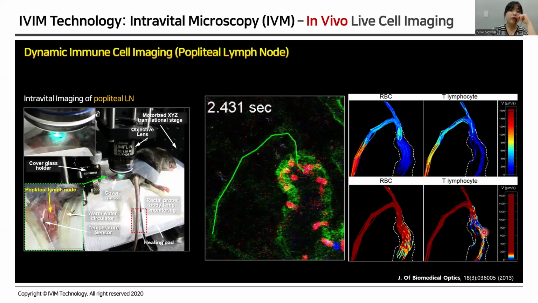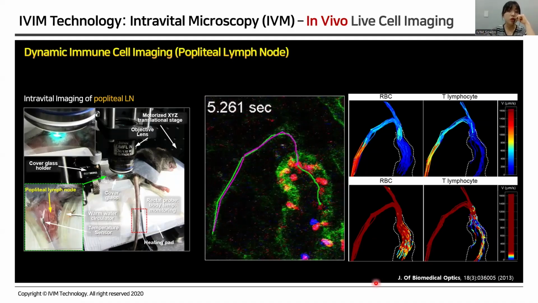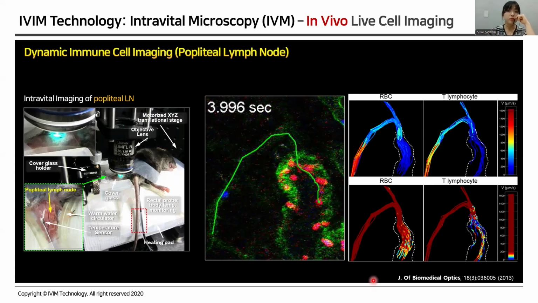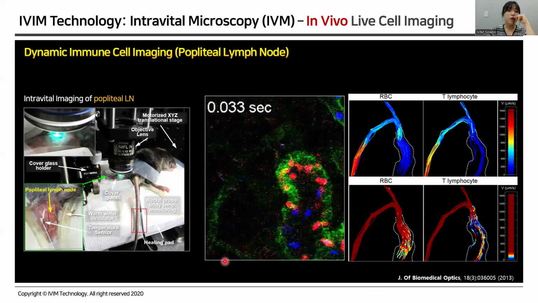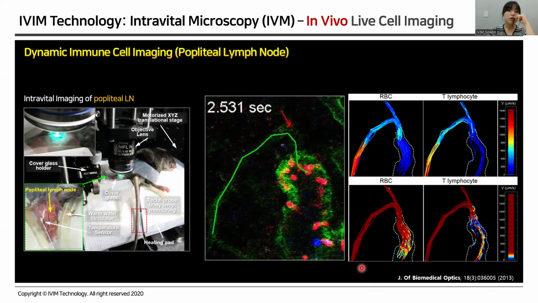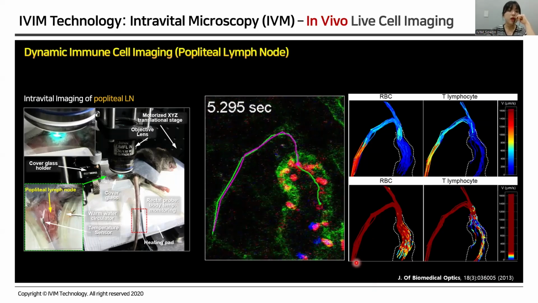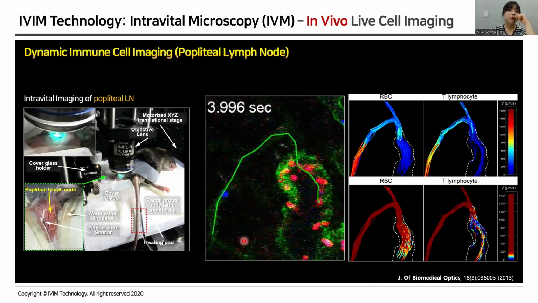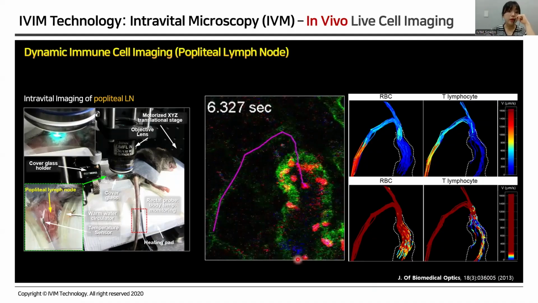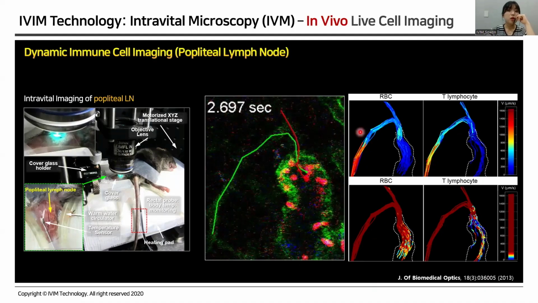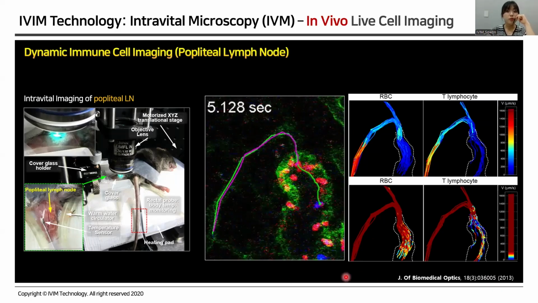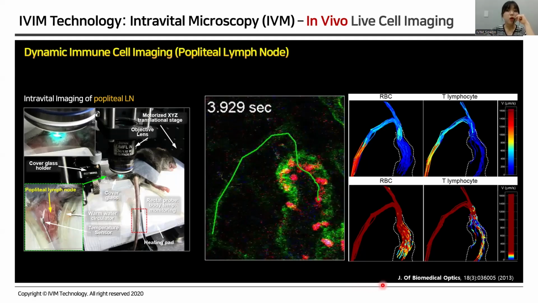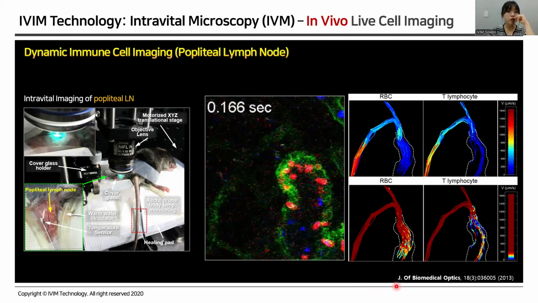So to be clear, I'll show real-time intravital imaging of the post-capillary HEVs in the popliteal lymph node, focusing on the flow of adoptively transferred cells inside the blood vessels. As you can see in the video, red blood cells appear in blue and T lymphocytes appear in red. This imaging allowed us to observe the changing velocity of individual cells flowing through the vessels, as well as their spatial distribution.